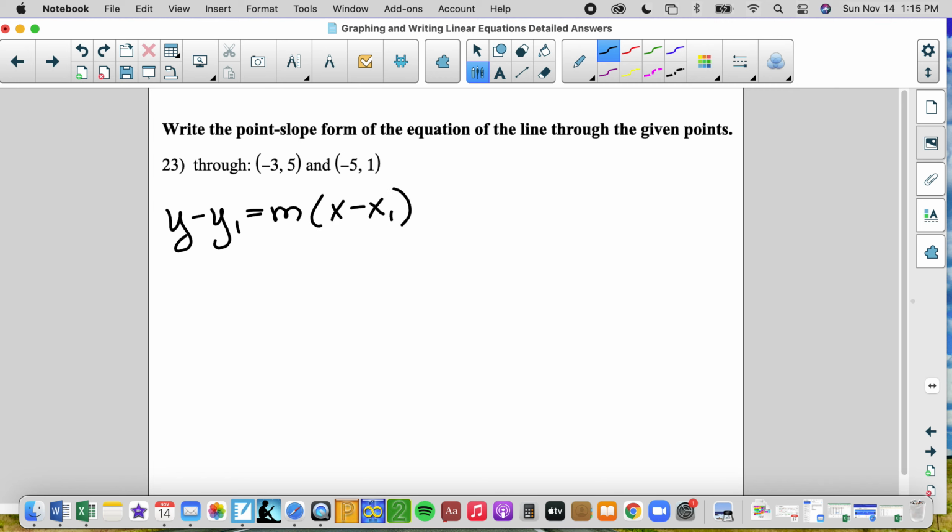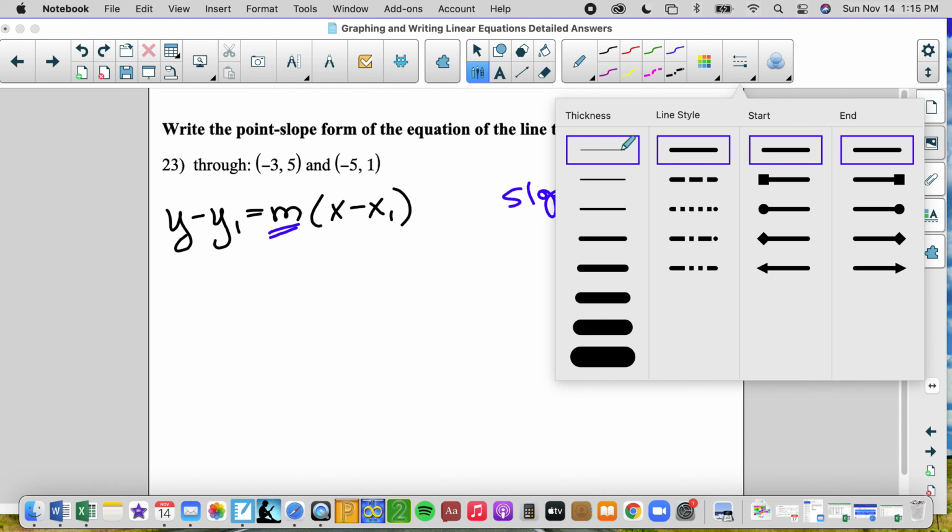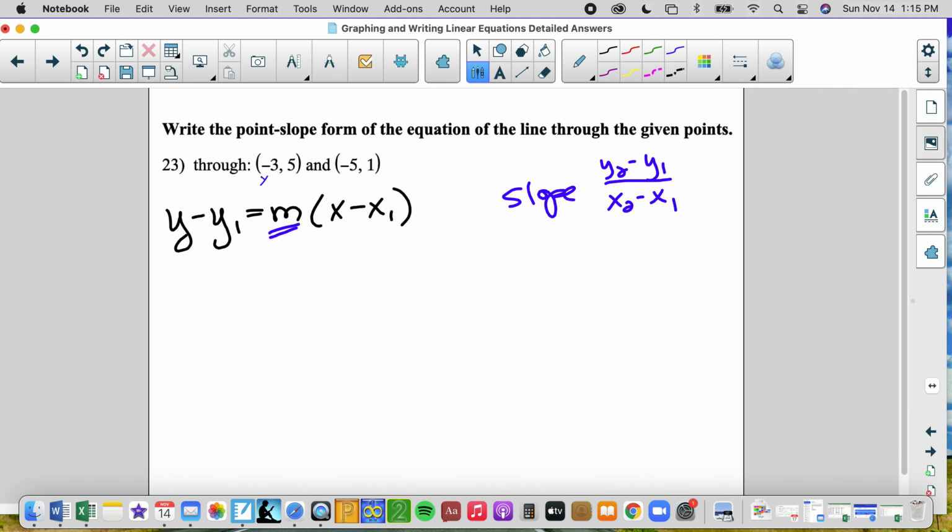So we need the slope. We're given 2 points, we need the slope. So we're going to use the formula y sub 2 minus y sub 1 over x sub 2 minus x sub 1. So we will assign it x sub 1, y sub 1, x sub 2, y sub 2.